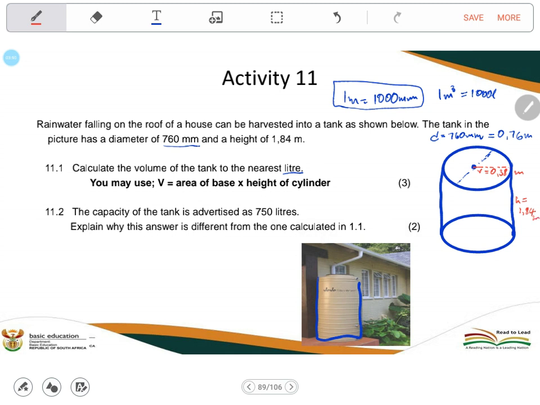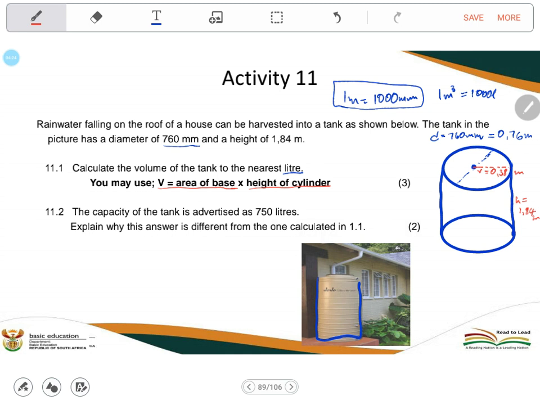All right, that's it about analyzing this cylinder. So let's do the calculation. It says calculate the volume of the tank to the nearest liter. They gave us the formula: volume of the cylinder is equal to area of the base times the height.